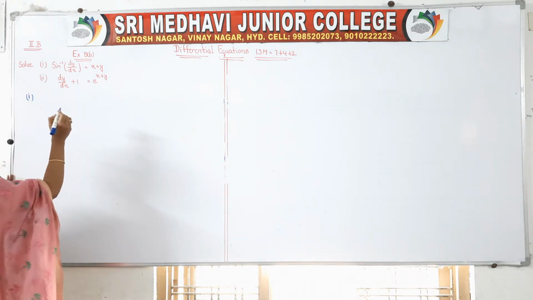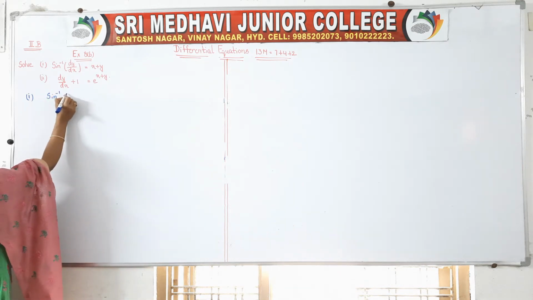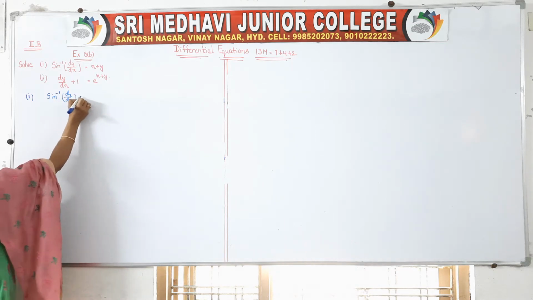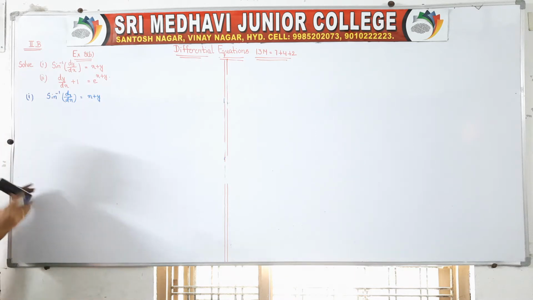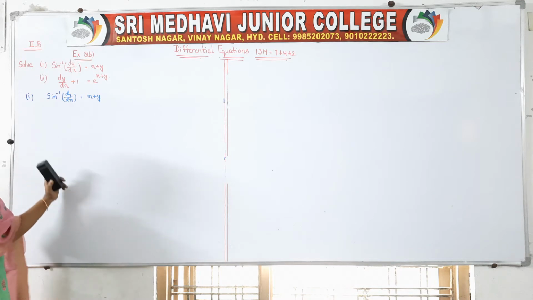So what is our given equation? It is given that sine inverse of dy by dx is equal to x plus y. Generally till now dy by dx is equal to some values are given, but here dy by dx is inside the sine inverse.